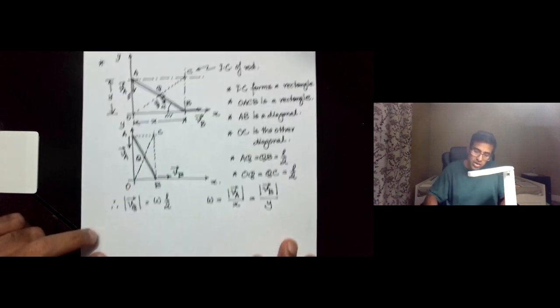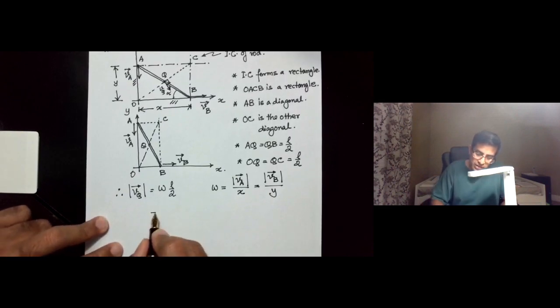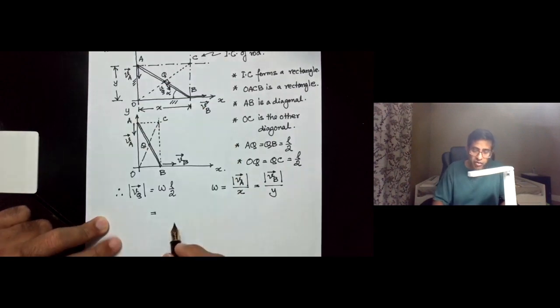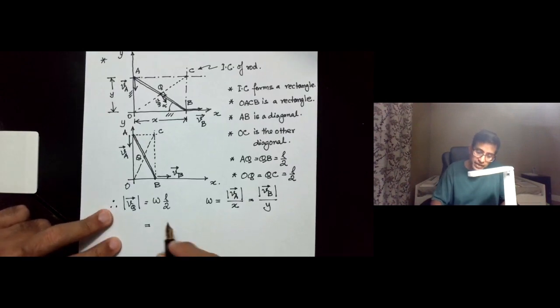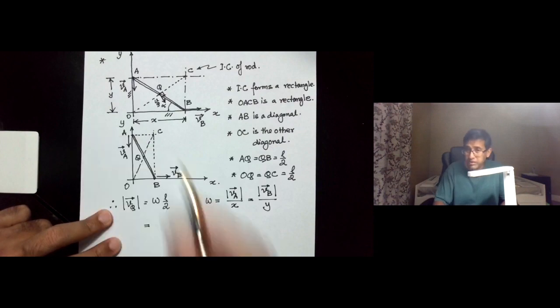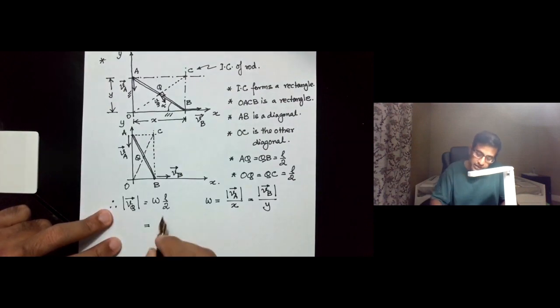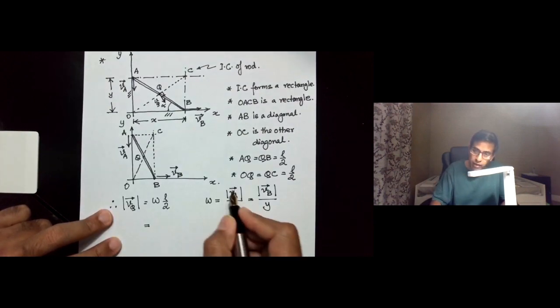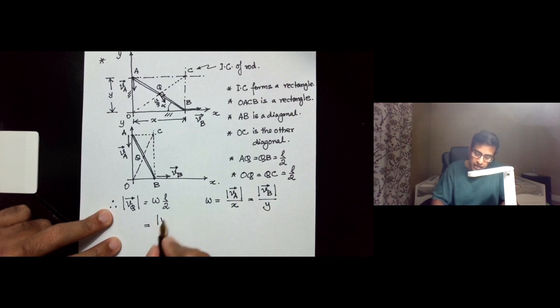Okay, so you can see that the velocity of the center of the rod, or the center of mass of the rod if it is a uniform rod, is given by, and we can just take any one of the expressions, VA divided by x times L over 2.